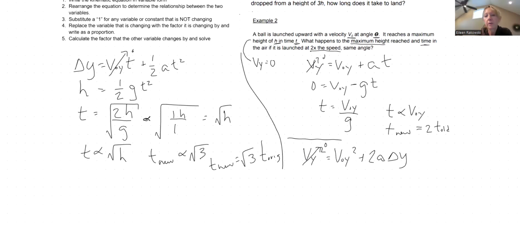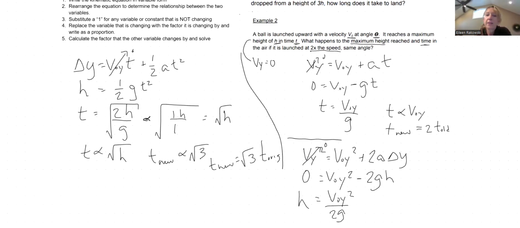So 0 equals v initial y squared. This a is negative, so it's going to be minus 2g delta y. I'm going to rearrange the equation because I want to know what happens to the maximum height, which I'm going to substitute in, instead of saying delta y, I'm going to call it h. Rearrange to solve for h, I get h equals v initial y squared over 2g.